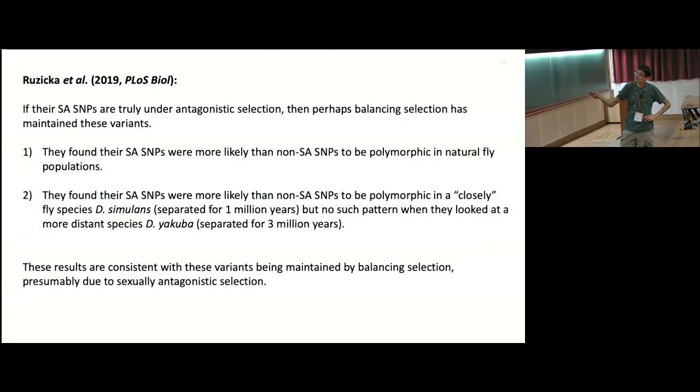And yet when they looked in these natural fly populations, they found that their SNPs were more likely to be polymorphic than this control set of non-sexually antagonistic SNPs that were matched for similar allele frequency and some other features. And perhaps even more compelling, they said, okay, forget about Drosophila melanogaster, let's look at Drosophila simulans. Do we find these same polymorphisms in simulans, which might indicate that they're really old, shared polymorphisms from 1 million years ago?